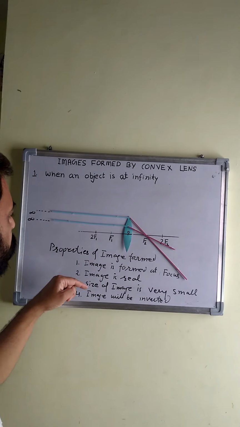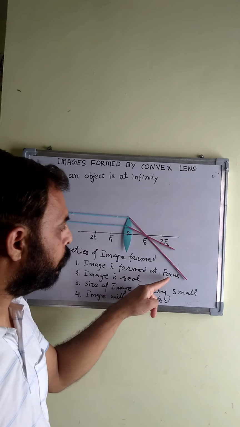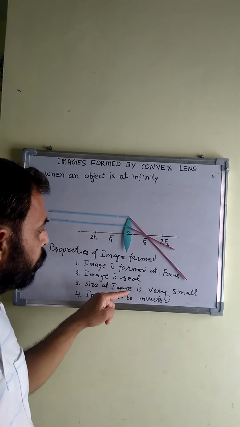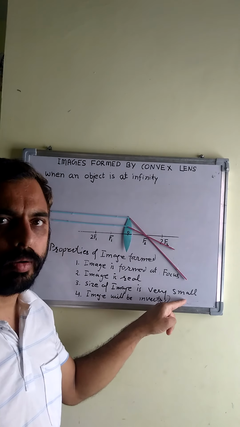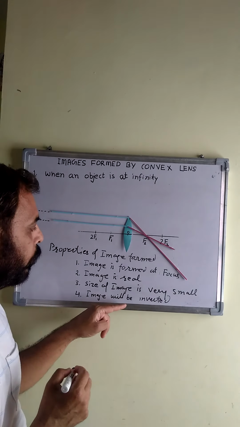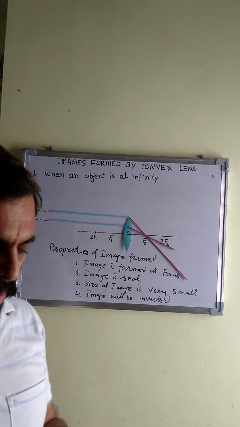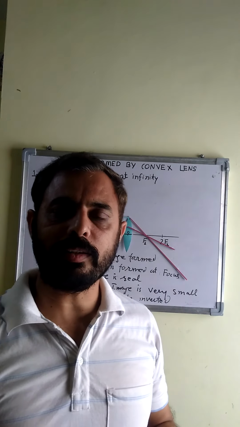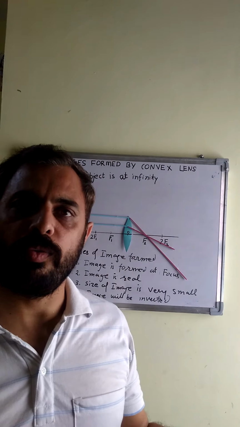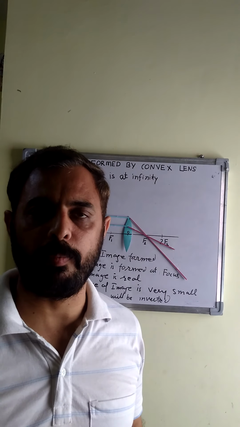These are the properties. Image is formed at focus. Image is real. The size of image is very small, highly diminished. And fourth is image will be inverted. So that is the first ray diagram to get image formed by convex lens when object is at infinity.